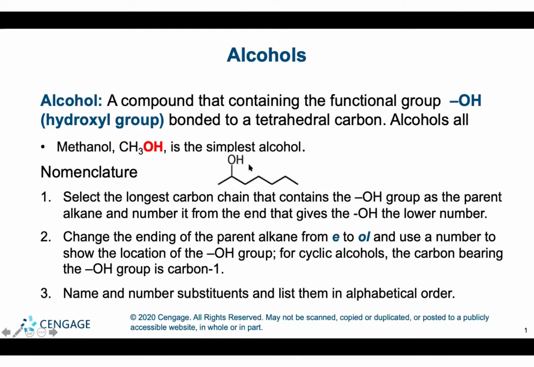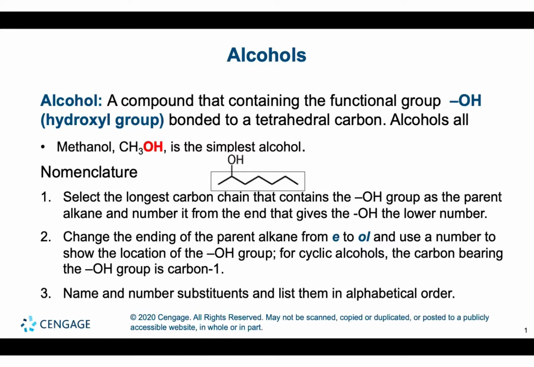So let's find the longest chain in this structure. Here, that's our longest chain. So pay attention. Our longest chain of carbon should have the OH attached to it. Okay. Then we start numbering. From which side do you think we should start numbering?